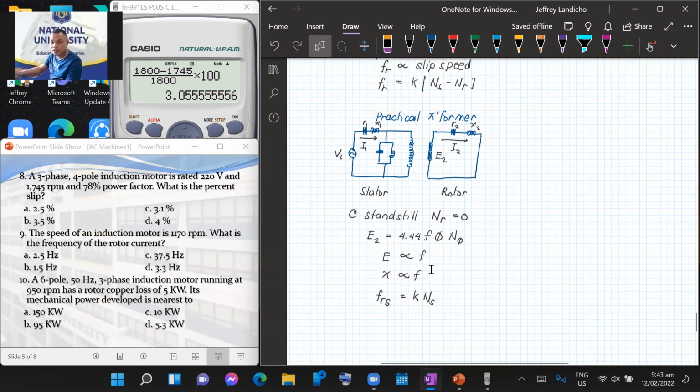Eh, alam natin, kapatid, since at standstill, this is transformer, ano ba behavior ng transformer? Diba, ang transformer, it is used to transfer electrical energy from one circuit into another at what? Constant frequency. So ibig sabihin, what is the frequency in the primary? It should be the frequency at the secondary. That is also the same as the frequency at the stator.